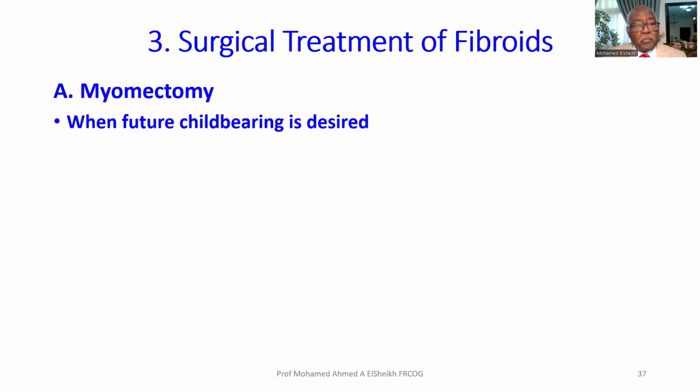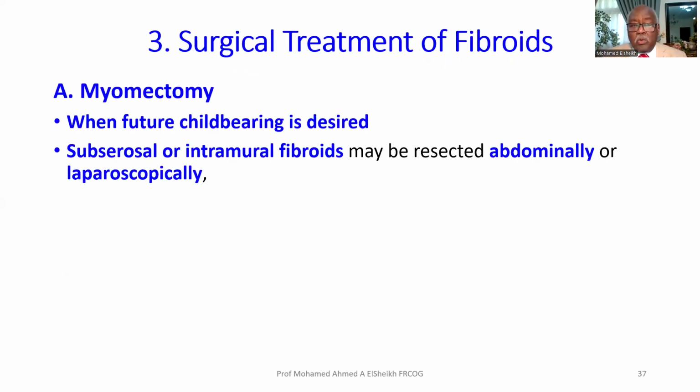Myomectomy, when shall we do it? Desire for further pregnancies, future childbearing. So leave the ovary, take the fibroids out. Subserosal or intramural fibroids may be resected abdominally or laparoscopically.